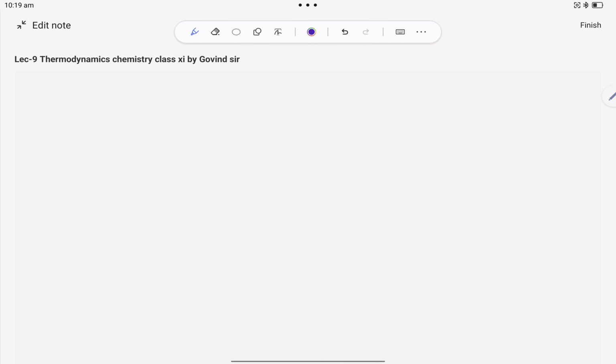Next is standard enthalpy. Standard enthalpy will be 0. What will be? It will be 0. At what? 1 atm pressure and 25 degrees Celsius temperature, standard enthalpy will be 0. For what?